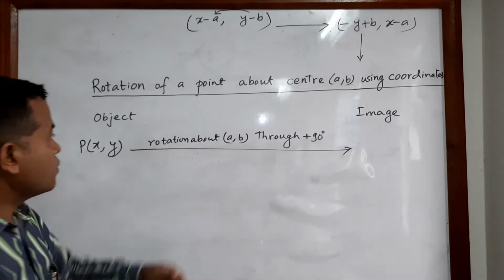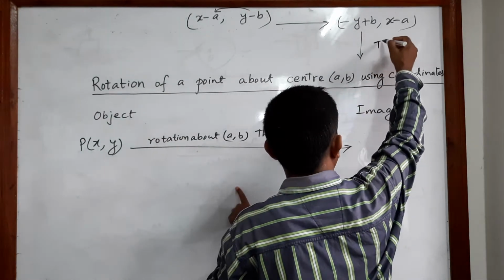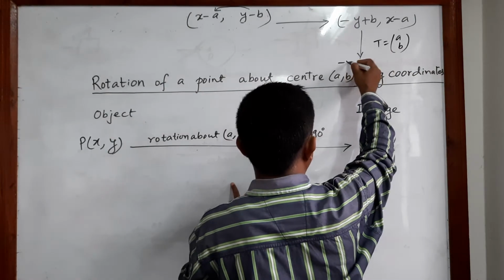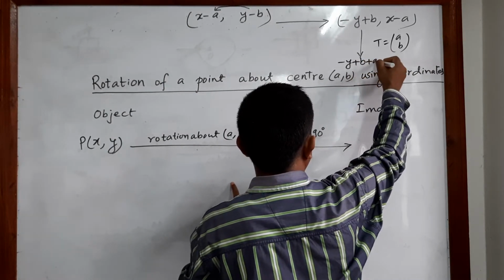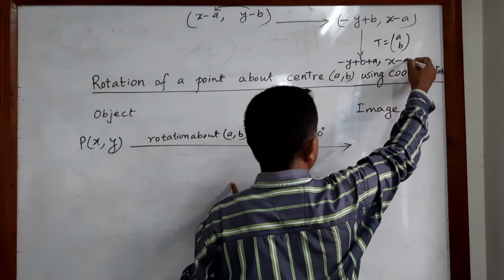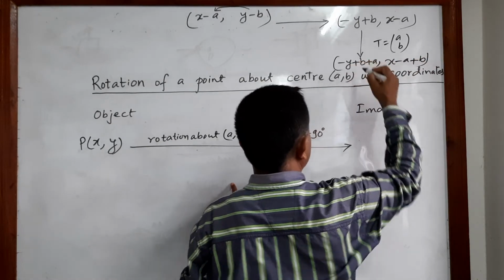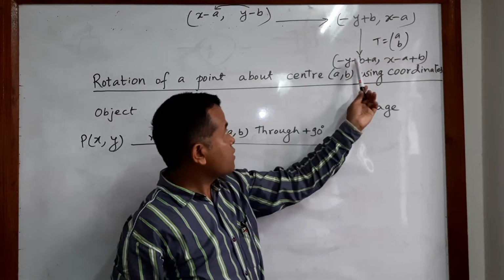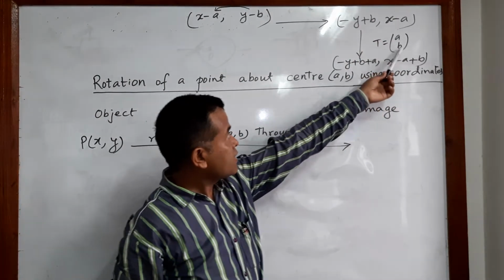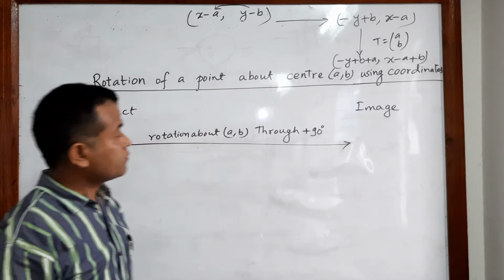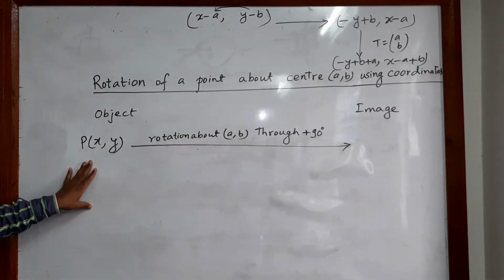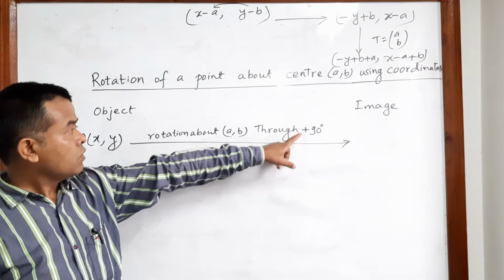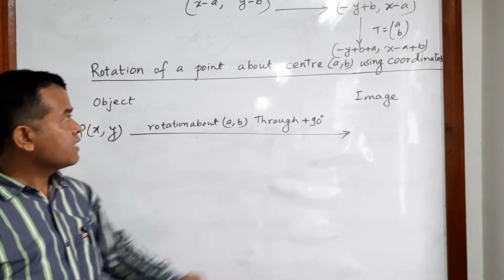So we have to translate it using translation vector AB. So it becomes minus y plus b plus a, x minus a plus b. So simply add this a with the first coordinate, and add this b with the second coordinate. Now our formula for rotation about AB through 90 degrees in anti-clockwise direction is ready.